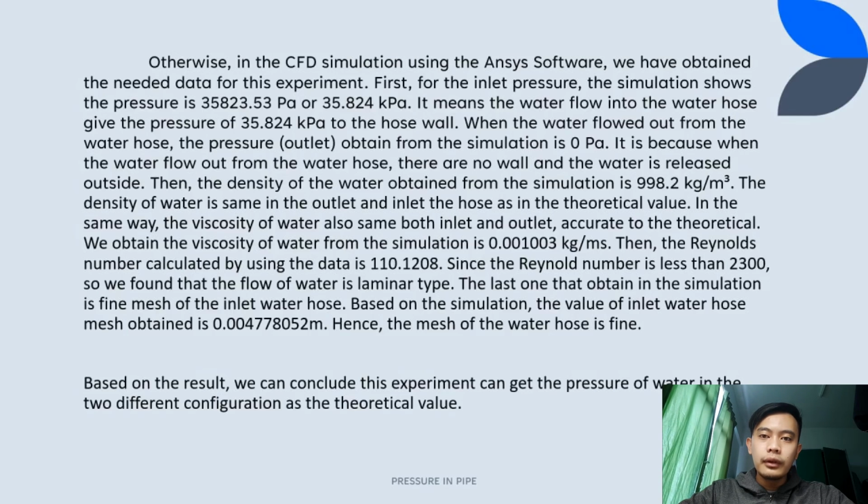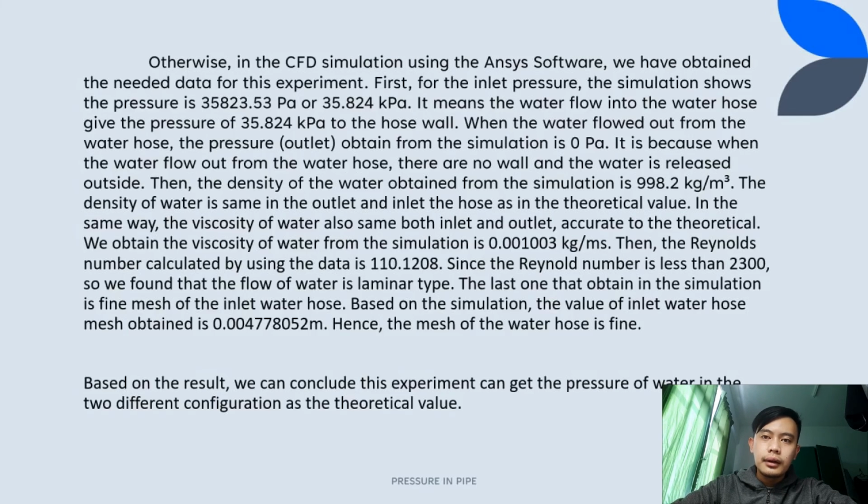It means the water flowing into the hose gives a pressure of 35.824 kilopascal to the hose wall. When the water flows out from the hose, the pressure outlet we obtain from the simulation is 0 Pascal. This is because when the water flows out from the hose, there is no wall and the water is released outside.